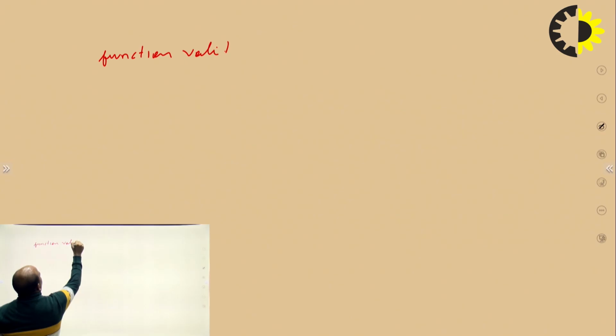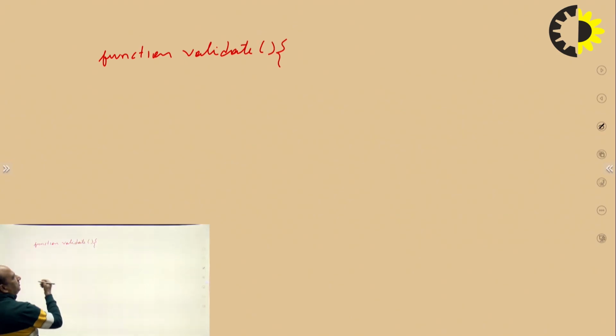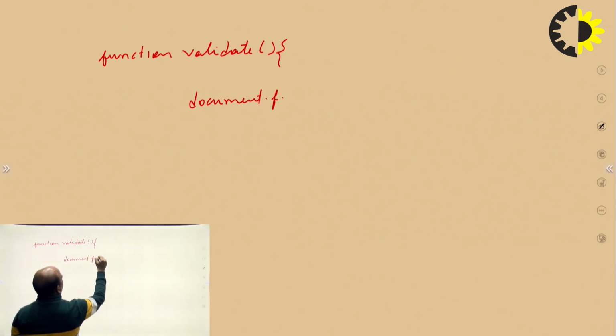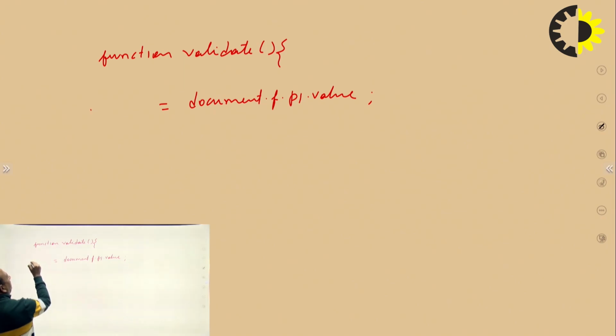Function validate. Okay. Now access the value entered in P1 field. For that we will use document.f.P1.value, and I am storing it in a variable.